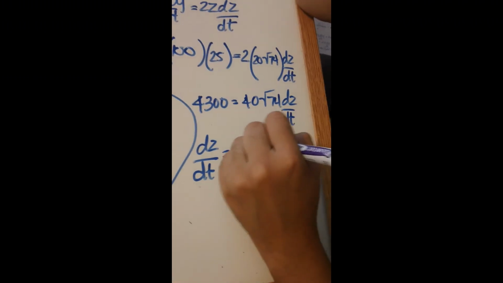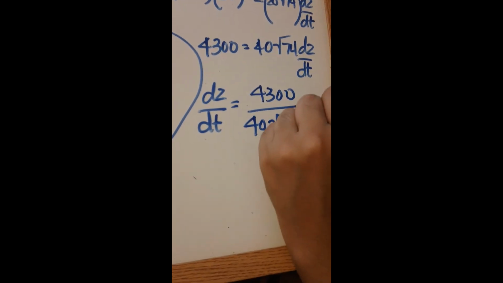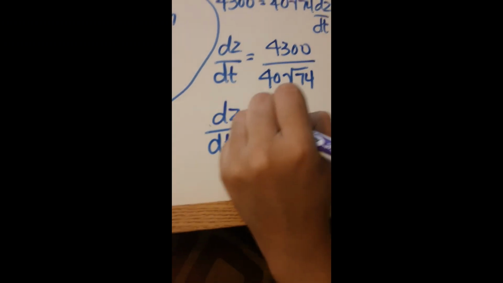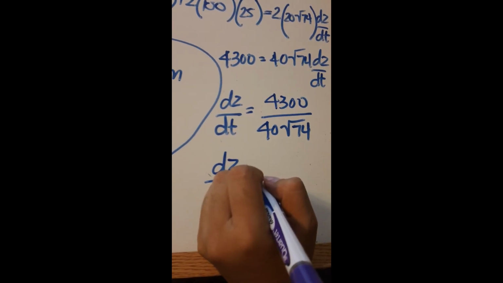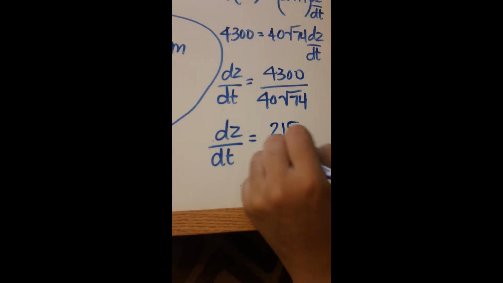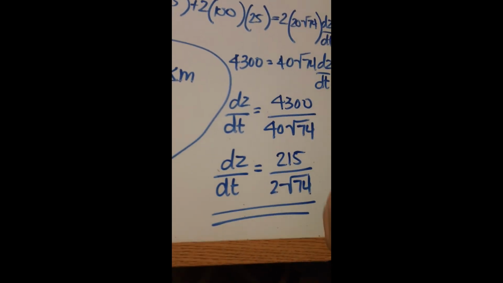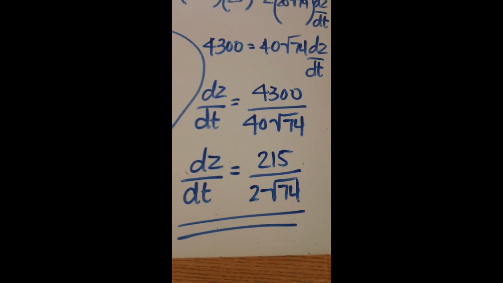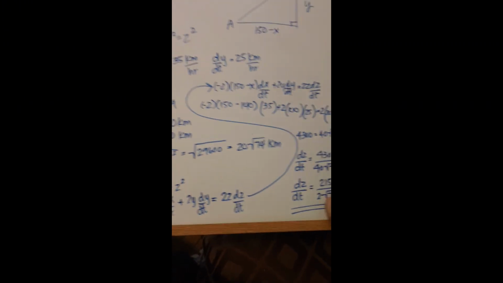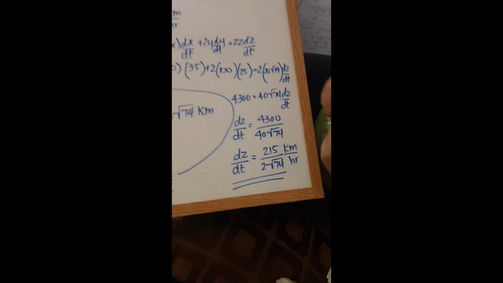So you really have 4,300 divided by 40 square root of 74, which can then simplify if you divide by 20 to 215 over 2 square root of 74. You can plug that into the calculator to get the decimal approximation, but this is actually what you're looking for. Don't forget your units, which is kilometers per hour.